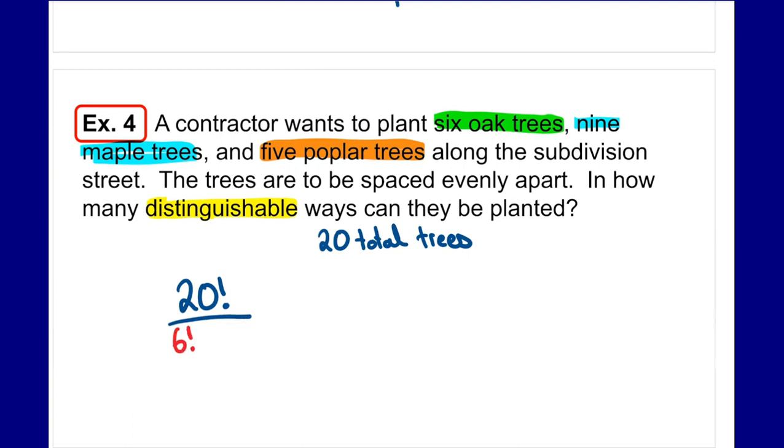So 6 factorial for the 6 oak trees, 9 factorial for the 9 maple trees, and then 5 factorial for the 5 poplar trees, which in the end gives us 77,597,520 ways. So there's still plenty of ways that we can arrange these, just obviously not as many if they were all unique.